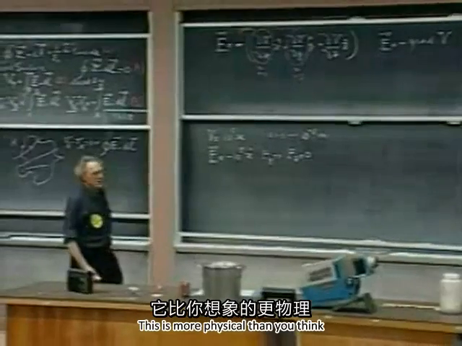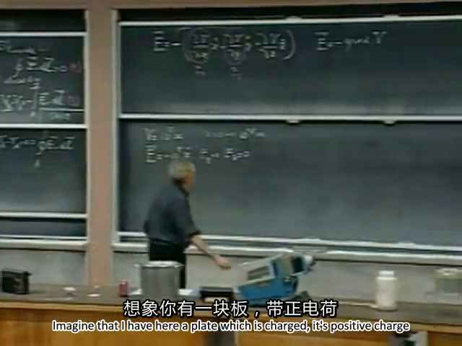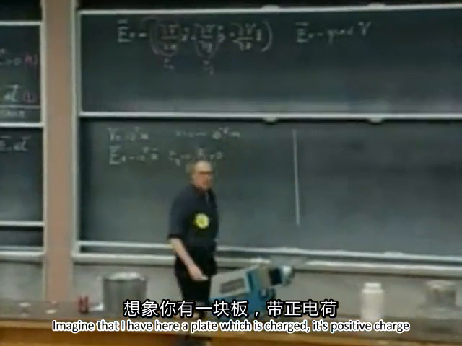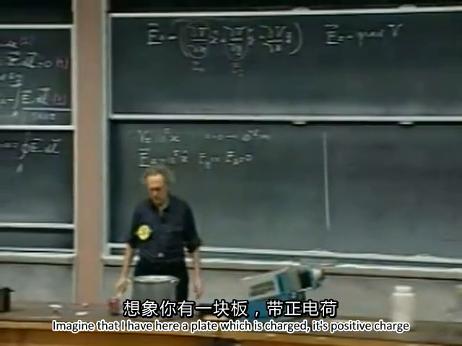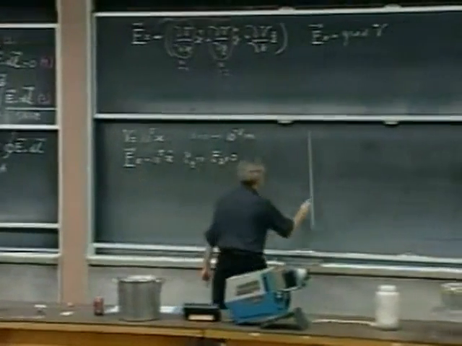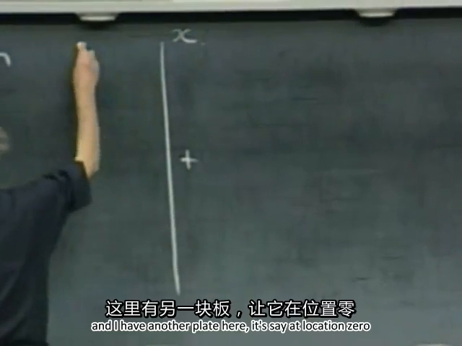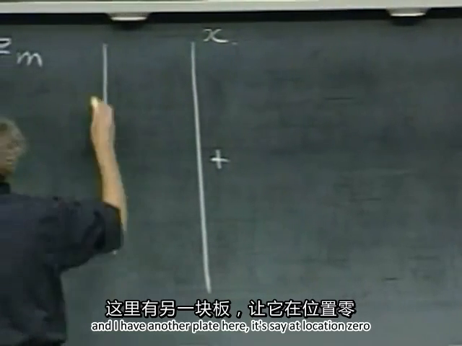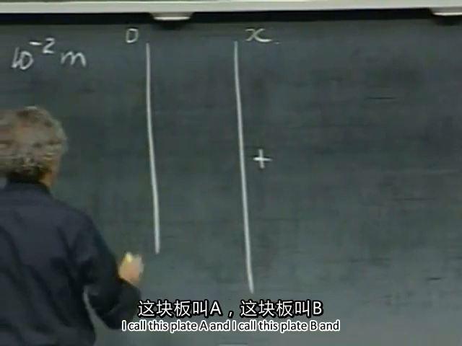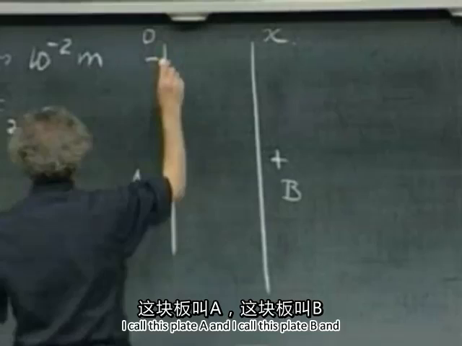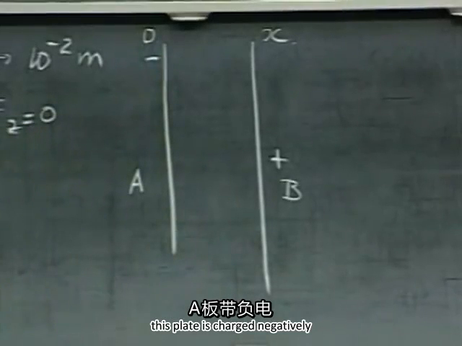This is more physical than you think. Imagine that I have here a plate which is charged, it's positive charge. And the plate is at location x. And I have another plate here, say at location 0. I call this plate A, and I call this plate B. And this plate is charged negatively.